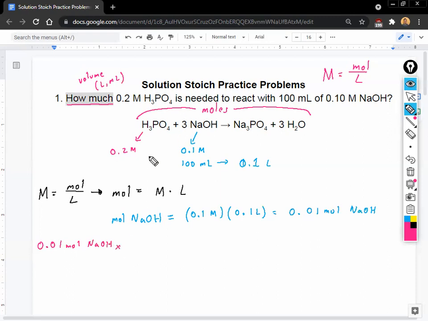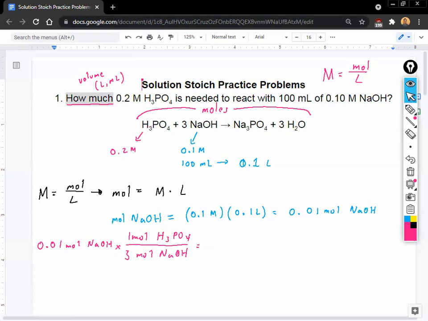Okay, and then we're going to use the balanced equation. We're going to put 3 moles of NaOH because that is the ratio between 1 mole of H3PO4. Okay, all right, that is going to give us the moles of H3PO4.